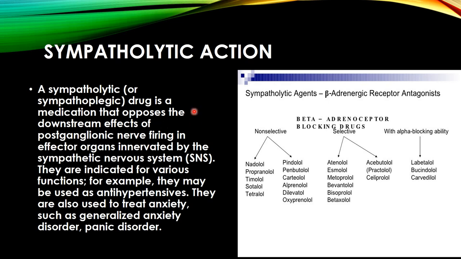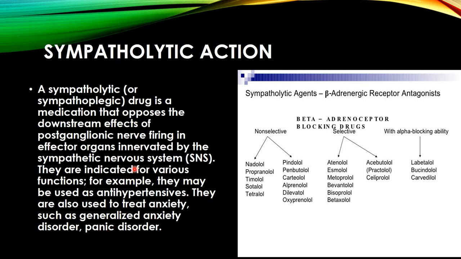It is opposing the downstream action, meaning it is blocking or stopping the action for the postganglionic release of the nerve firing. Now, they are indicated for various functions. For example, they may be used as antihypertensives. They can also be used to treat anxiety such as generalized anxiety or any kinds of panic disorder.